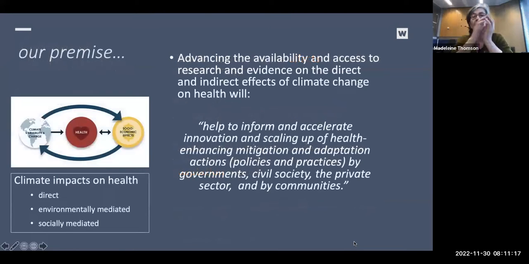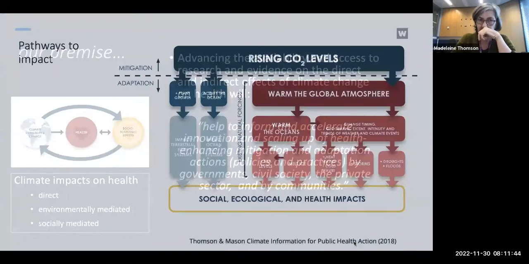And so our premise fundamentally is that advancing the availability and accessibility of research and evidence on the direct and indirect effects of climate change on health will help to inform and accelerate innovation and scaling up of health enhancing mitigation and adaptation actions, policies and practices of government, civil society and the private sector, and also by communities. And so that's our core premise.